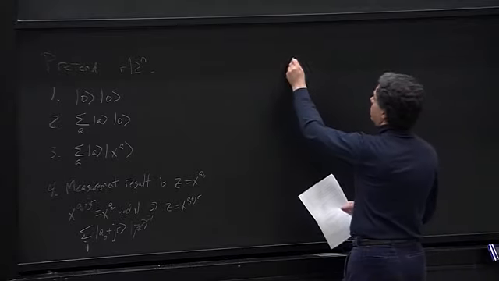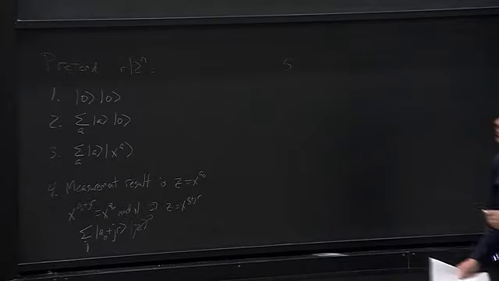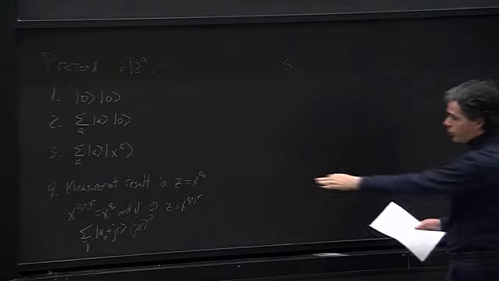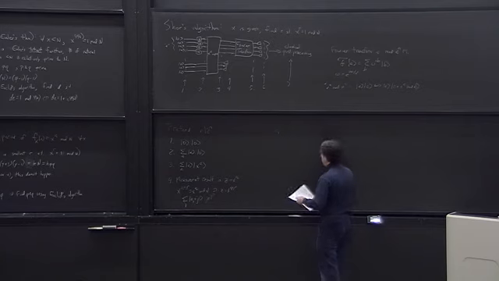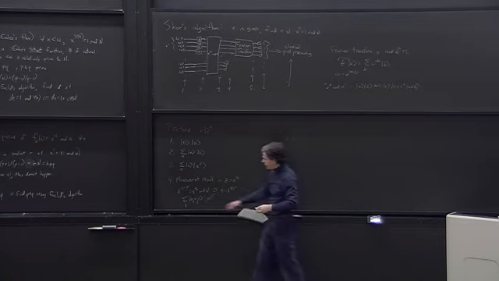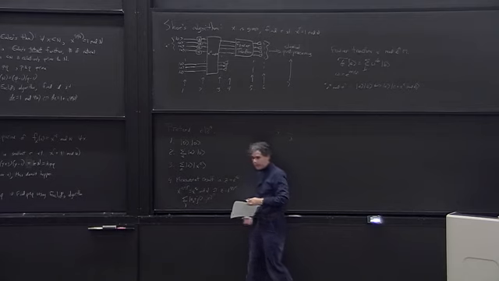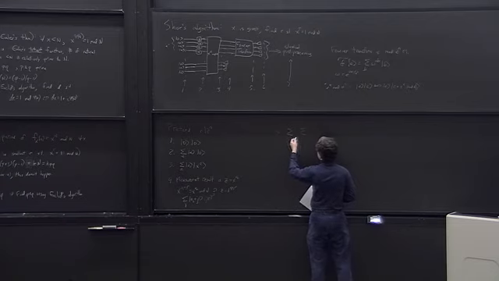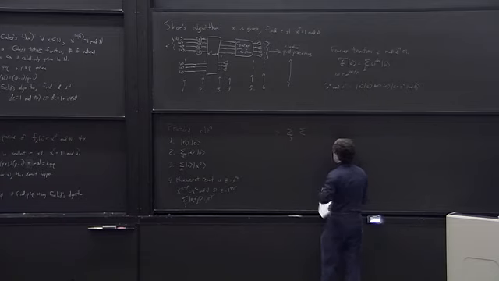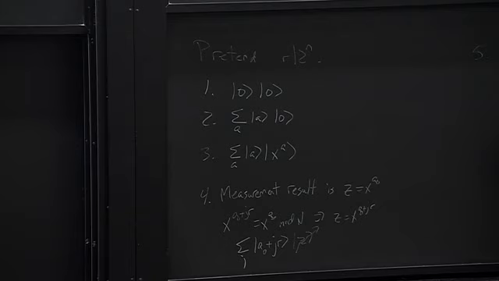OK, so then step 5, Fourier transform. So we're starting with this state, sum over j, a0 plus jr. And so the Fourier transform will give us, well, let's see what happens to this particular basis state under the Fourier transform up there. Chalk is running out of ink here. OK.